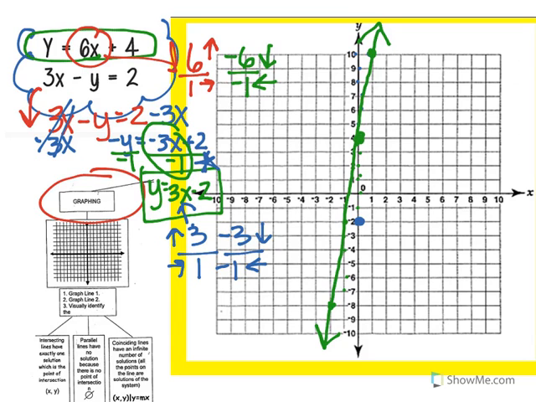So I'm going to start by going up 1, 2, 3 and over 1. And then I'm also going to go down 1, 2, 3 and over 1. Down again 1, 2, 3 and over 1.